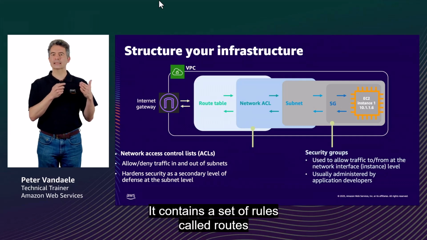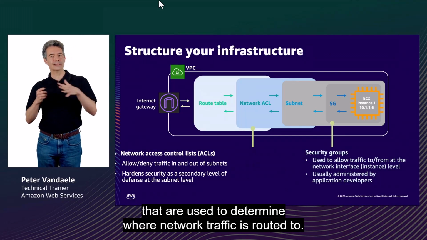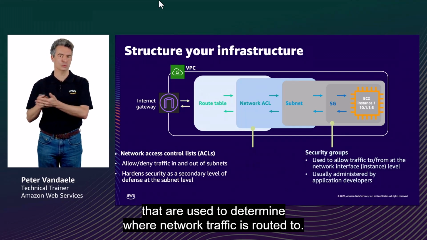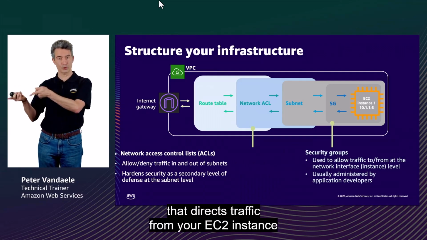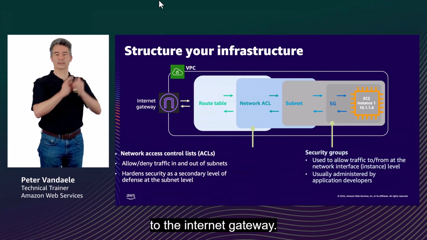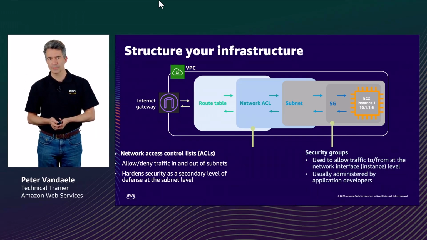It contains a set of rules called routes that are used to determine where network traffic is routed to. For the public subnets, the route table must have a route that directs traffic from your EC2 instance to the internet gateway.